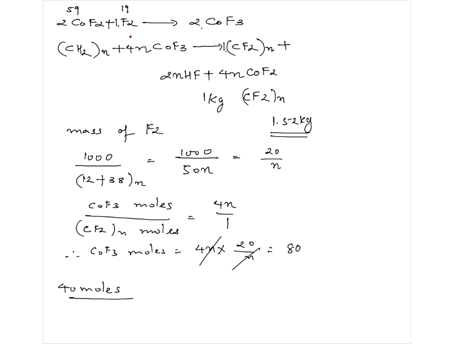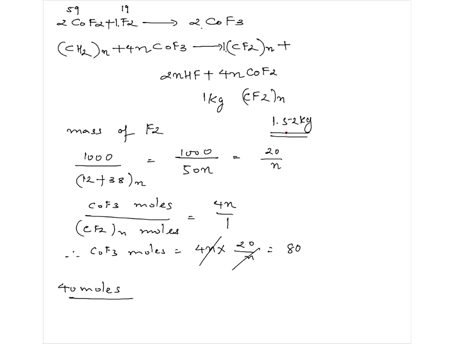Well then, from moles you can easily get grams. Fluorine atom 19, molecule 38, 40 moles, and 38 grams per mole is the molar mass. So 40 into 38 is how much? 40 into 38 is 1520 grams. 1.52 kg, around 1.5 kg.